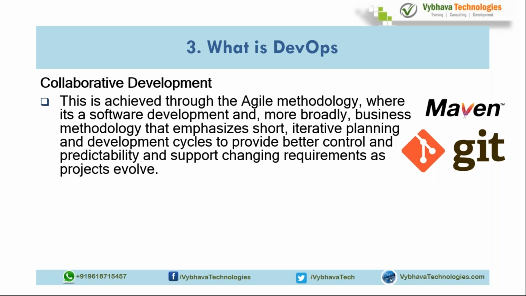So agile methodology helps you to work on your independent code changes, and it will not impact any others. And once your story is successful, your code is successful, then you can push that code branch, you can merge.